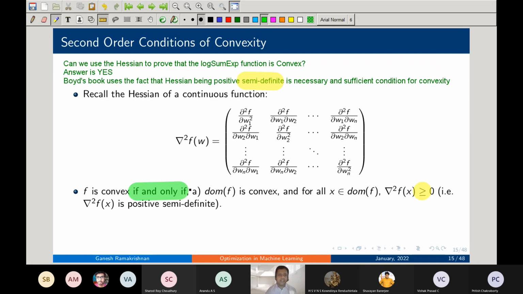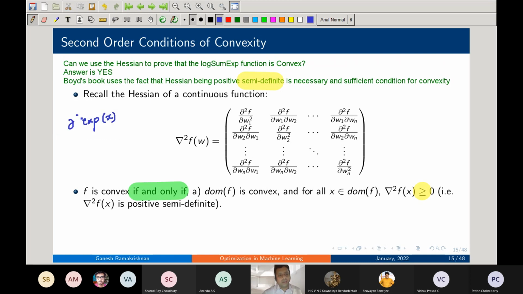Now writing the Hessian is not always going to be very easy. Since we're talking about log sum exp, let's start with the simplest example, exp. For exp of x, what is the double derivative?